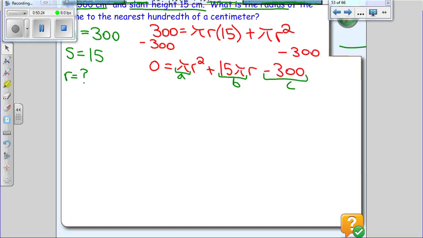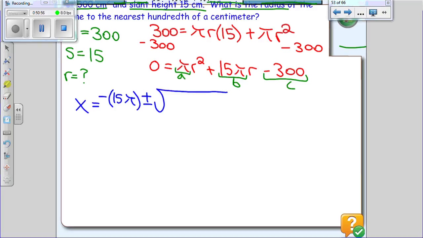So x or r equals negative b, so negative 15 pi, plus or minus the root of b squared, 15 pi squared, minus 4a, pi, c, negative 300, all divided by 2.